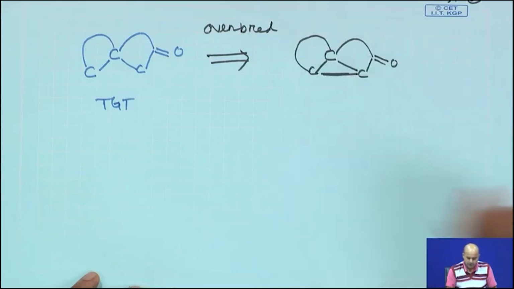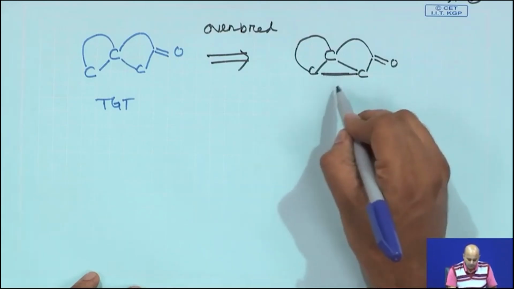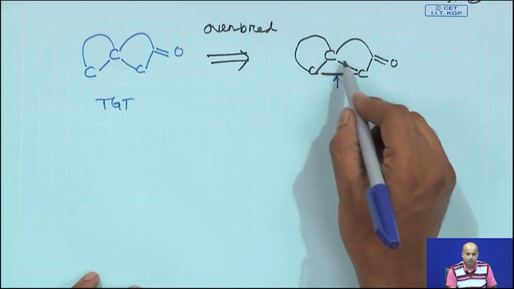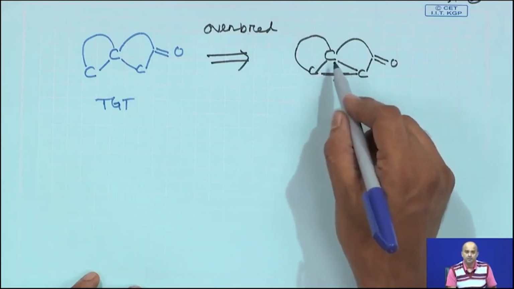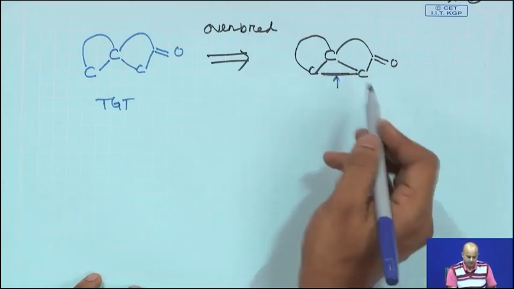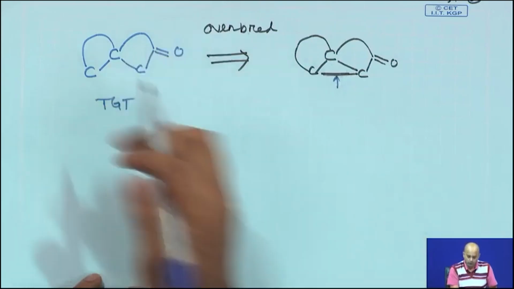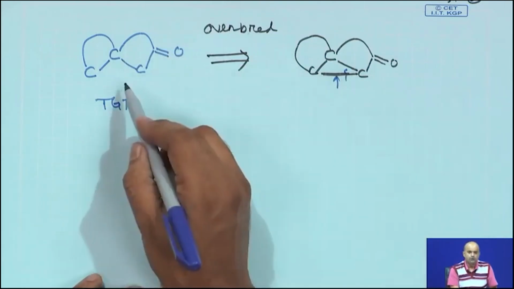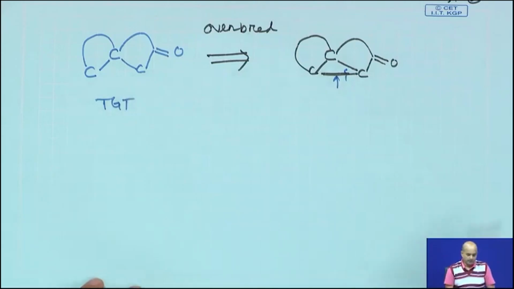So, basically you make the new sigma bond here through this cyclopropane, or carbocyclic strained intermediate. So, this is your overbred. Now, in the forward pathway you clip this cyclopropane ring to get your target molecule.